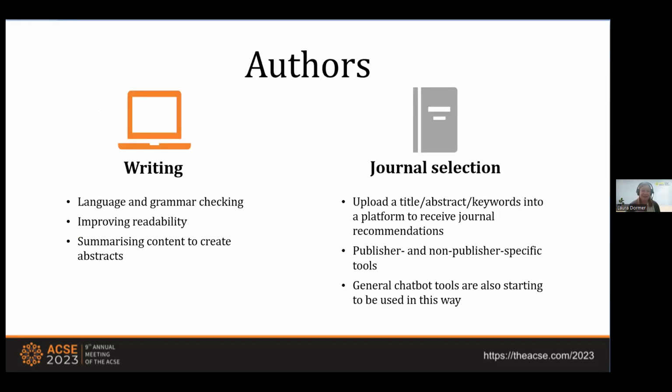Moving on. To quickly start things off, I'll talk first about authoring papers for journal publication. There are, of course, lots of uses for AI in academic and industry research, from literature review, designing experiments, data analysis, and data visualization.